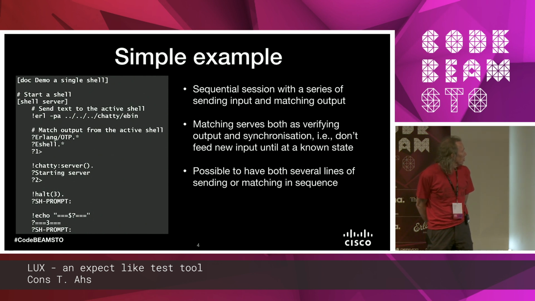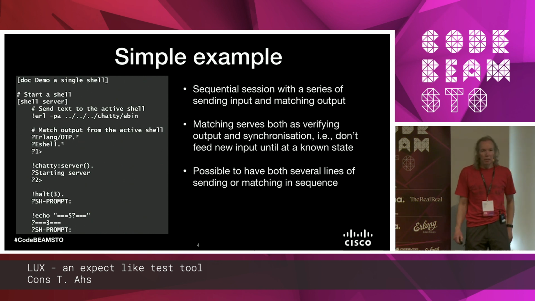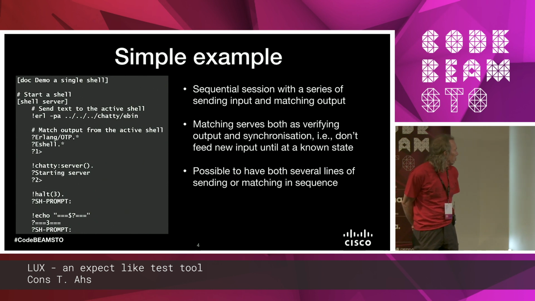And then we continue starting something and expecting to see a string output, and then we go on. And towards the end, we do a halt, and we verify that we're actually seeing the exit code. So we're doing a halt 3, and we're seeing that there's an exit code here. And that echo actually works, right, Hakan?